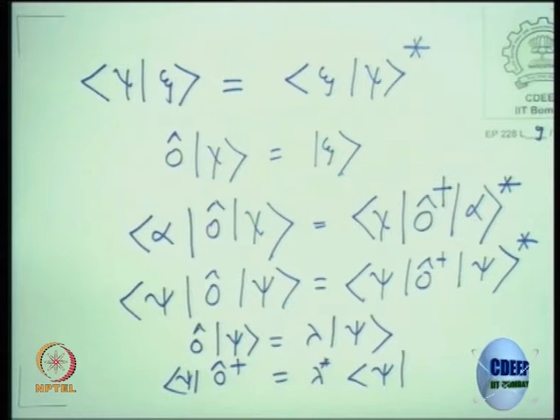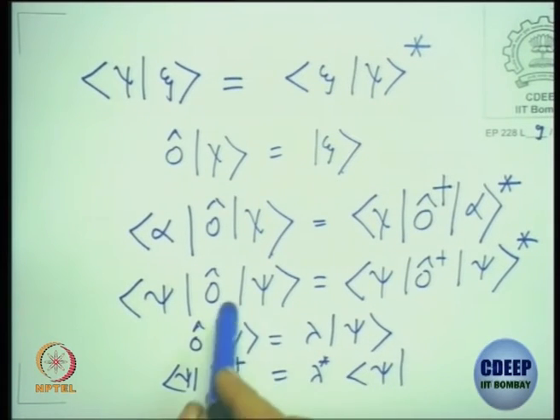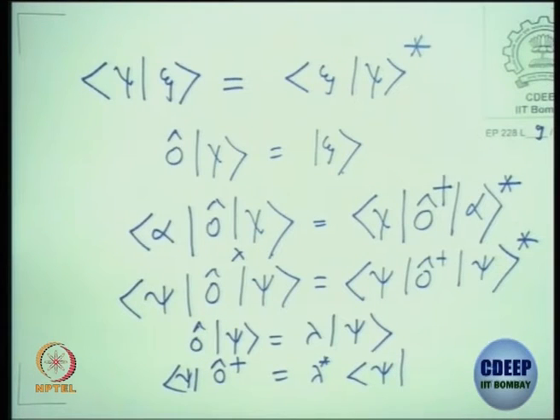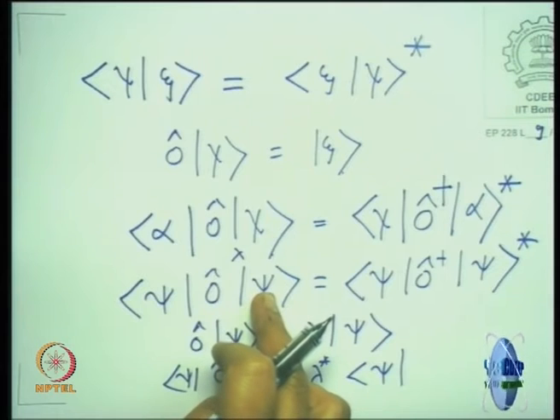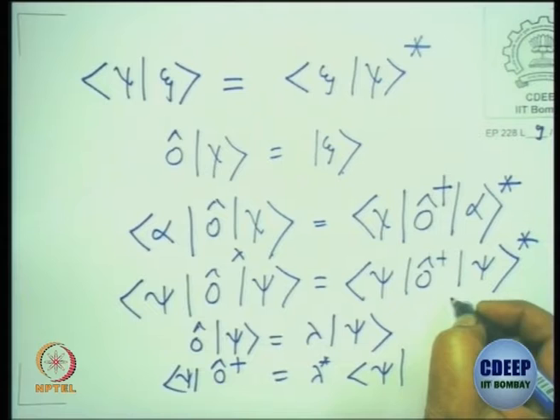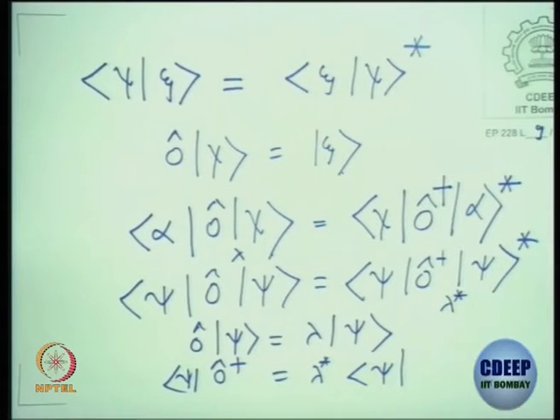Lambda in general, unless it becomes mapped to an observable, is complex. But this condition which I have written tells you O on psi is lambda, and this condition tells you it is lambda star. So the expectation value, the inner product property, forces lambda to be equal to lambda star.